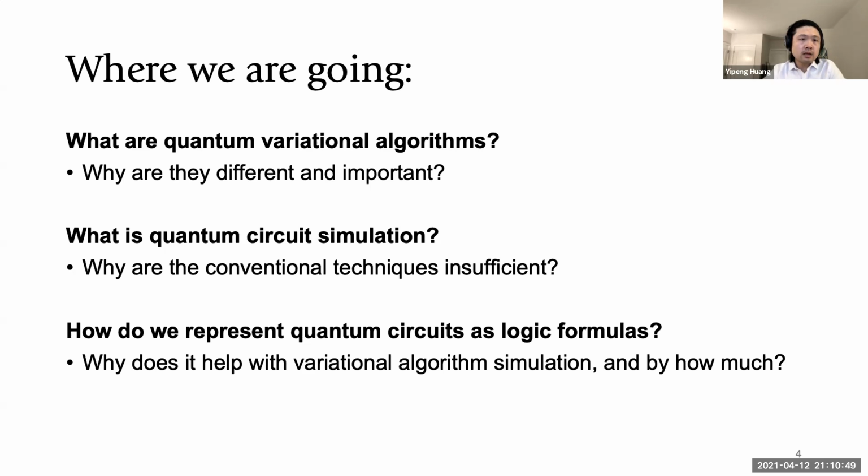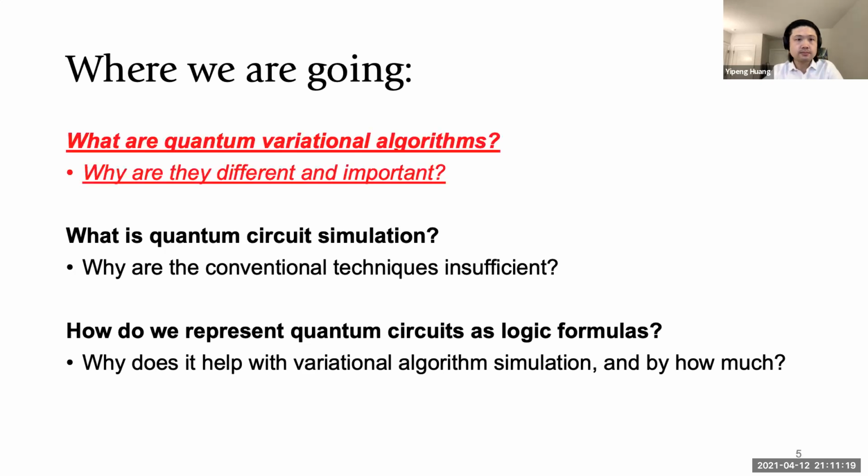Then I'll tell you about why quantum circuit simulation is important and what are the existing techniques that people have been using to do this kind of circuit simulation. And then finally, I'll tell you about our key insight, which is we can convert circuits into different intermediate representations that allows us to compile down the representations and then allow us to do efficient simulation of those circuits.